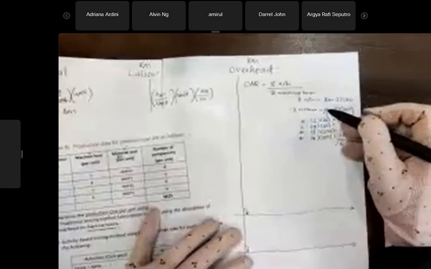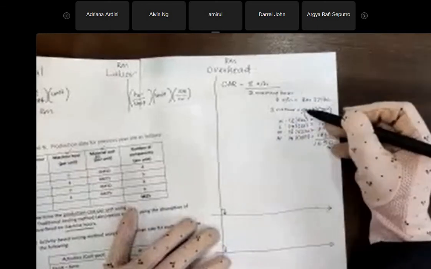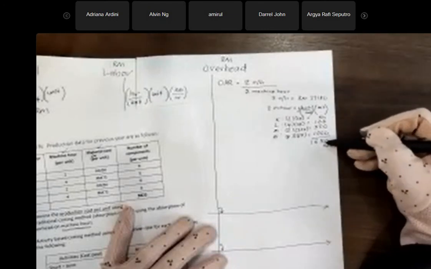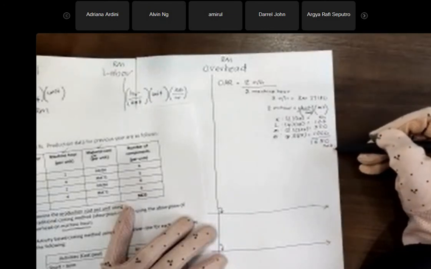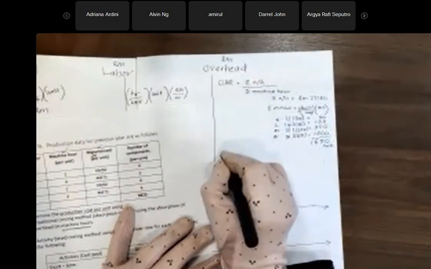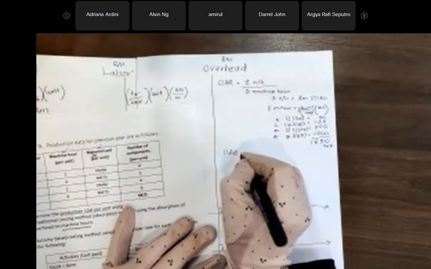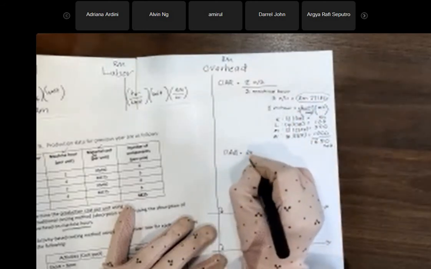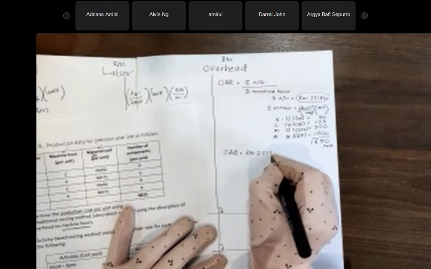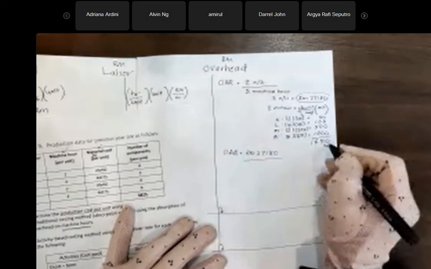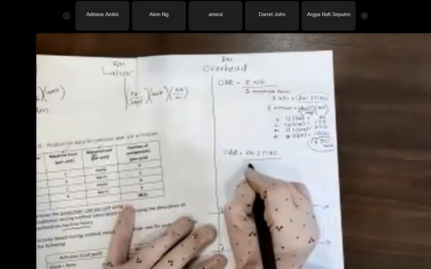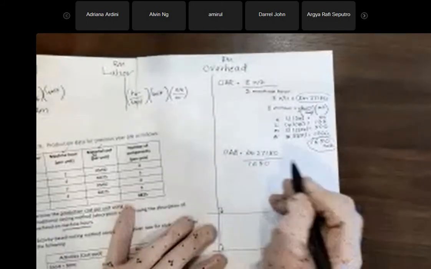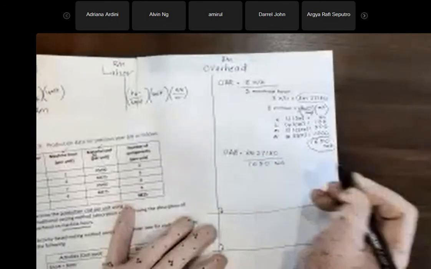Okay, it's coming in. The machine hours you have to calculate one by one, so it's this one. So the total is 1650 machine hours. Okay, now the OAR. The total overhead is this one, RM 27,180 divided by 1650 machine hours.